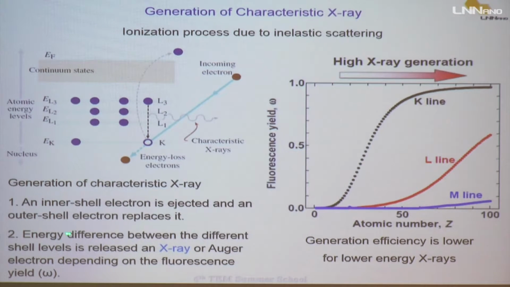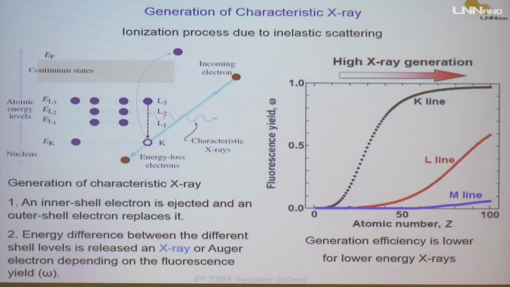And this energy difference between L3 and K will be released as an X-ray photon or an Auger electron, depending on the fluorescence yield of the element and of the group of energy levels that are involved.